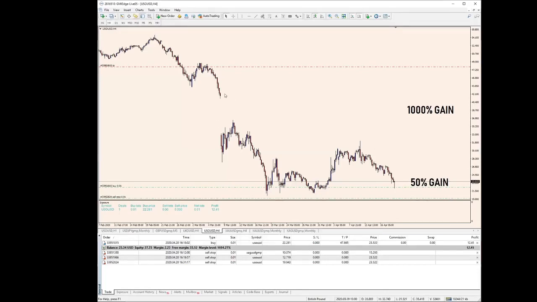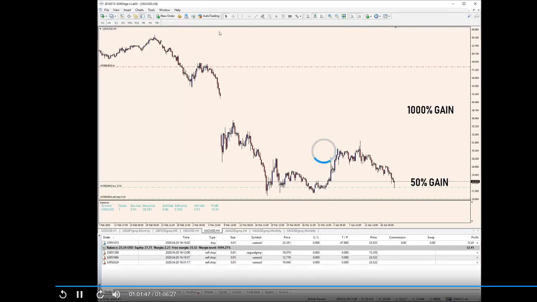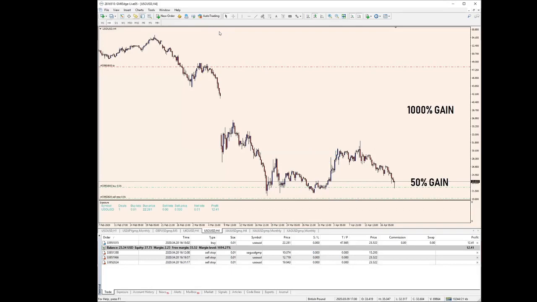This is the order flow clearance. Now, let me show you an example. Let me explain with a sell so that you guys can understand.